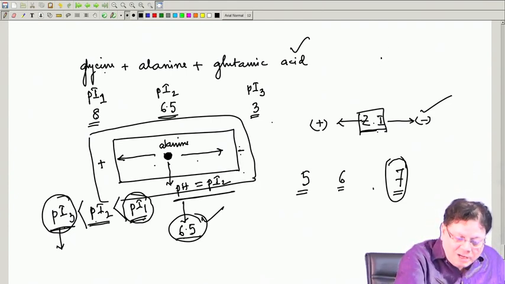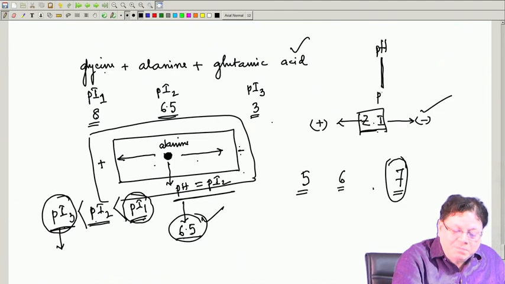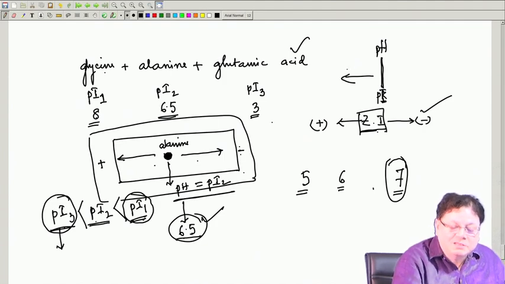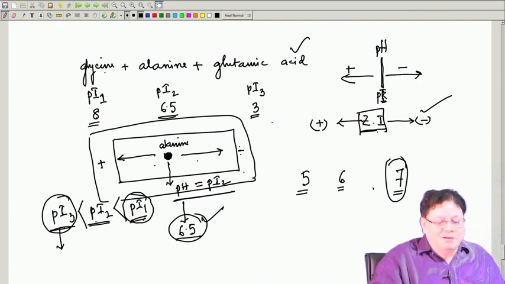So, the rule is that if this is the pH and this matches with the pI, then if you maintain the pH on this side, the species will be positively charged, and if you maintain the pH on this side, the species will be negatively charged.